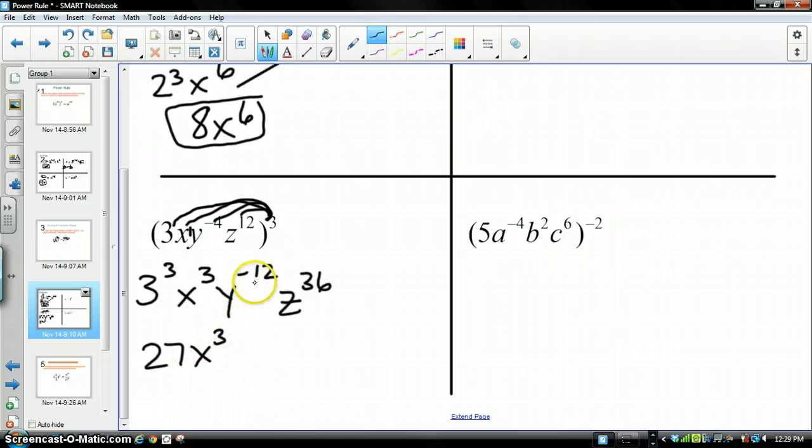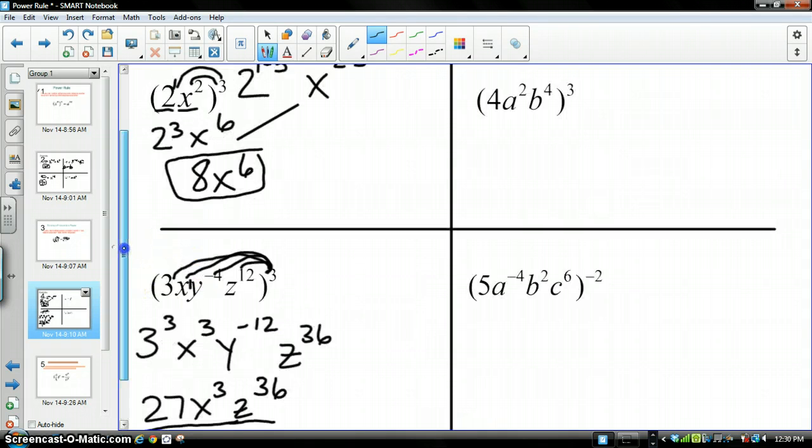Now our y has a negative exponent, so we want to send that to the bottom. Remember, it's in the numerator, so we just send it to the denominator. And our z is positive, so that will stay at the top. Remember, if your exponents are positive, they stay where they are. If you have positive exponents, you do not need to change them at all.